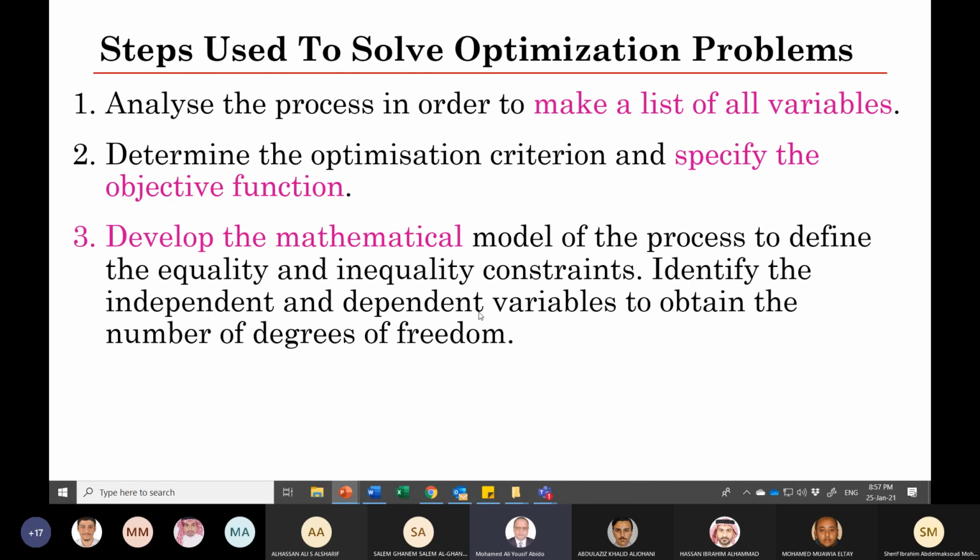Identify the independent and the dependent variables to obtain the number of degrees of freedom. Some variables are dependent, some of them are independent. You have to classify your variables here.